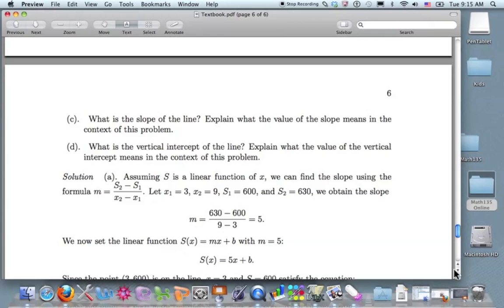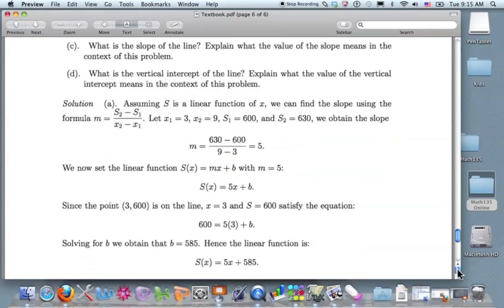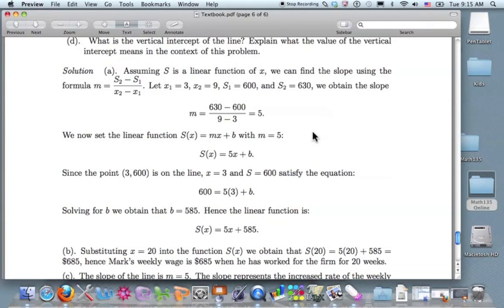First let's form the equation. As I mentioned, we have 2 points of data. One is x1 equals 3 and s1 equals 600, and the second point is x equals 9 and s equals 630. If we plug in these values, we get the slope equal to 5.